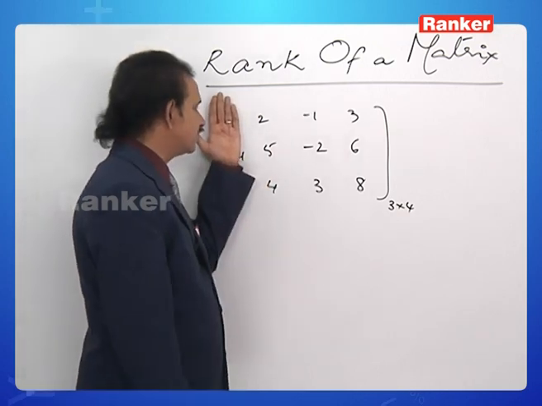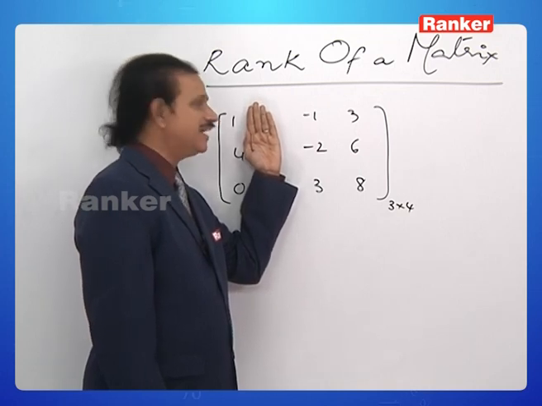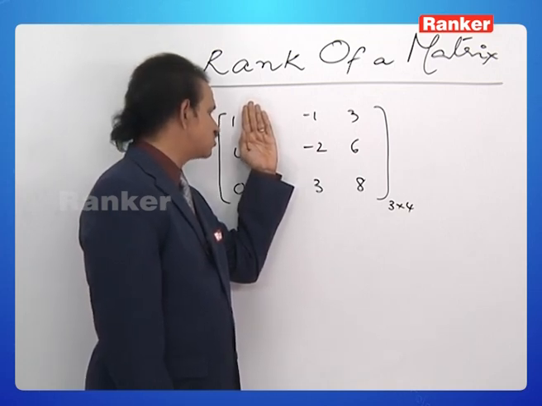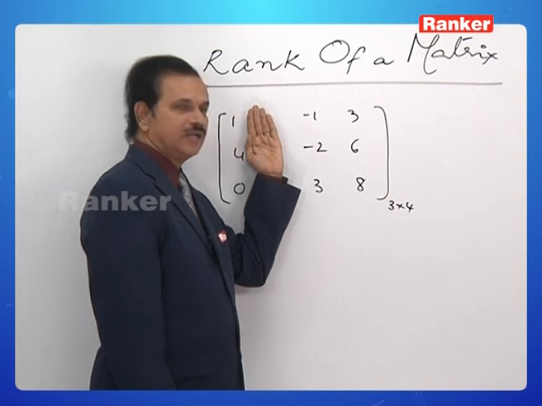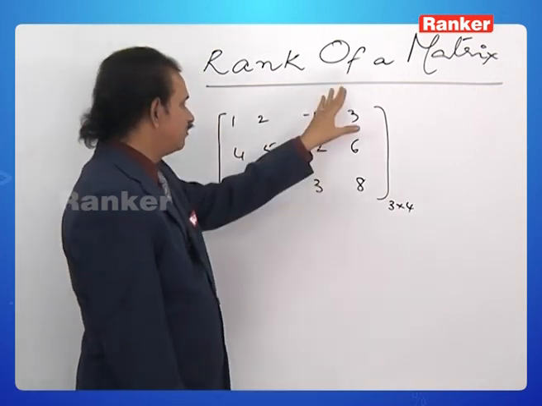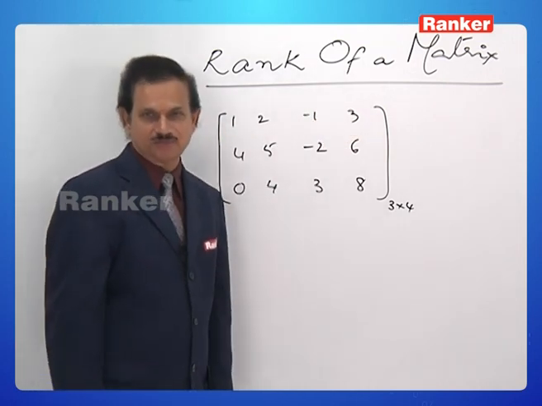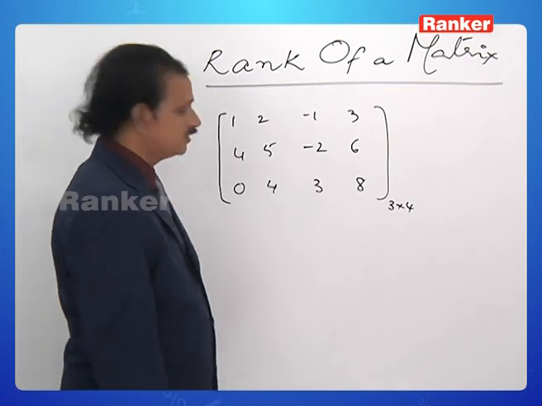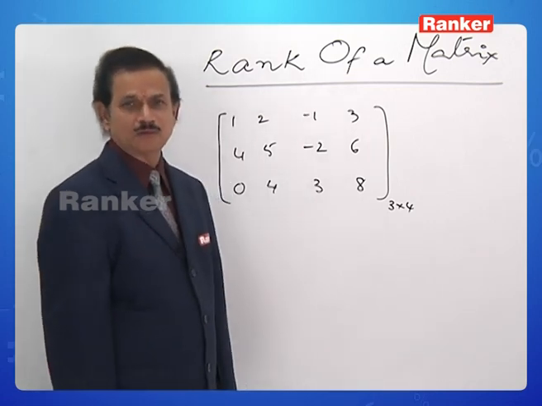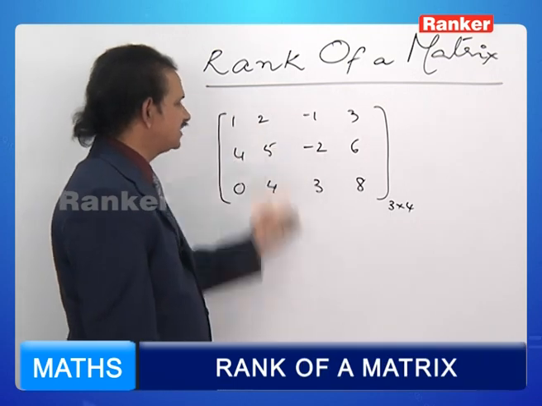This is one submatrix. Another 3 by 3 submatrix is 1, minus 1, 3; 4, minus 2, 6; 0, 3, 8. If you omit the third column, one more 3 by 3 submatrix will be obtained. If you omit the fourth column, one more 3 by 3 submatrix will be obtained. Okay, friend, can you have a 2 by 2 submatrix? Why not? You delete the first row, first column and second column.